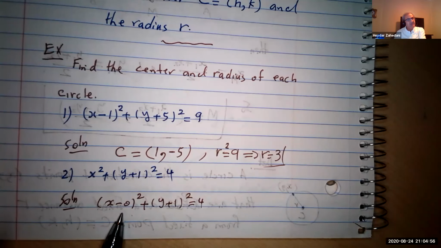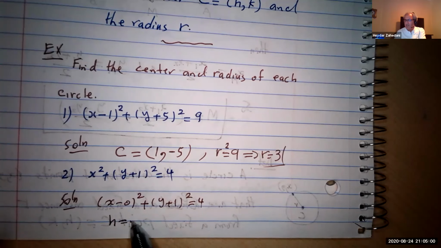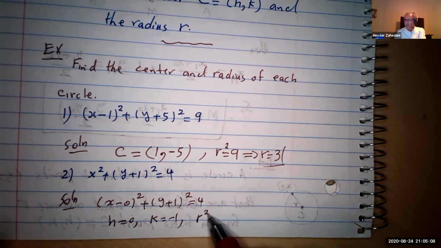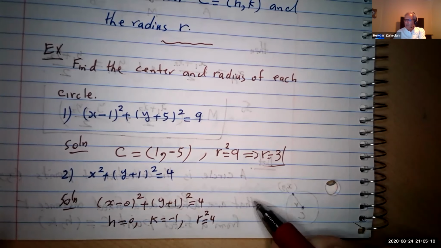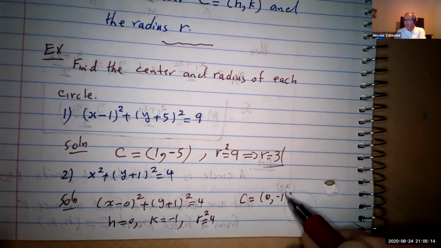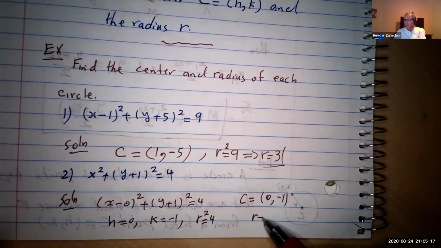So h is equal to 0. I write it down for you. You see, h is 0. K, the opposite, is negative 1. R squared is 4. So the center is 0 and negative 1, and the r is 2.